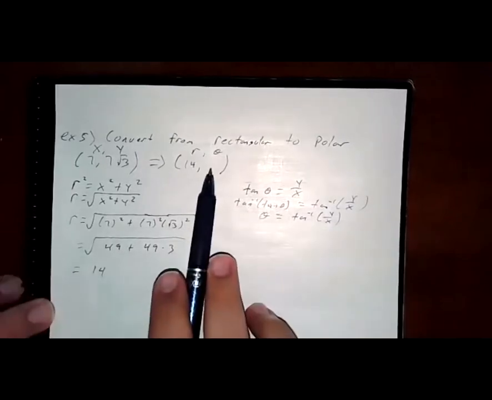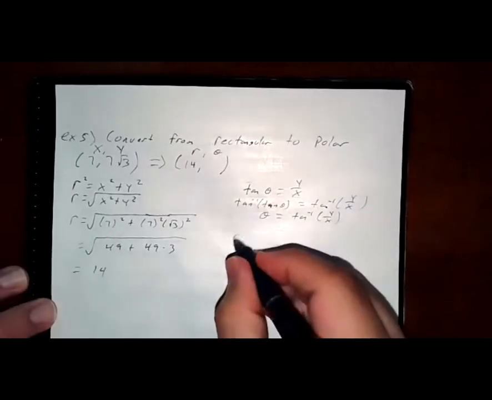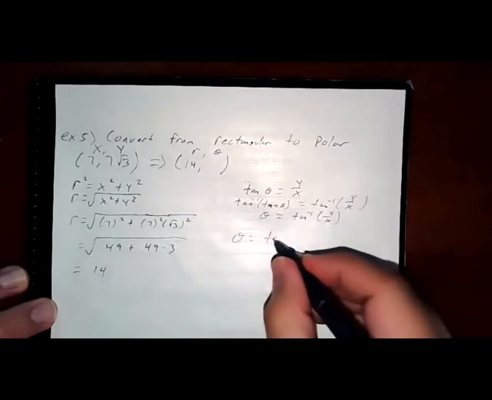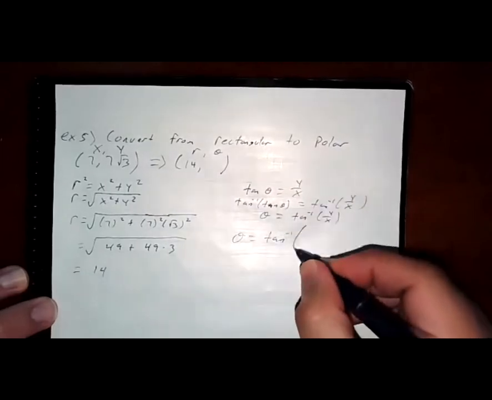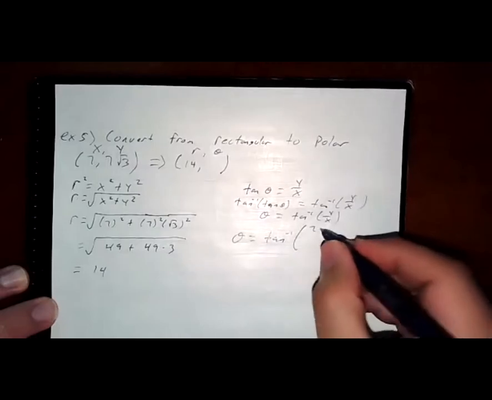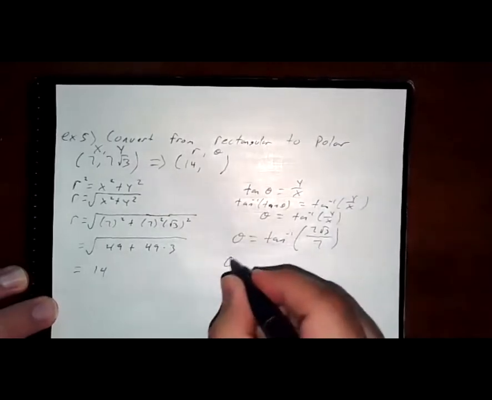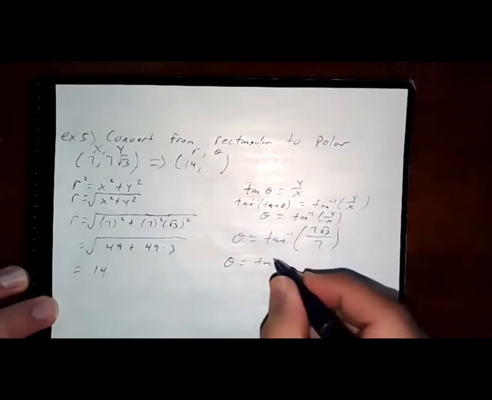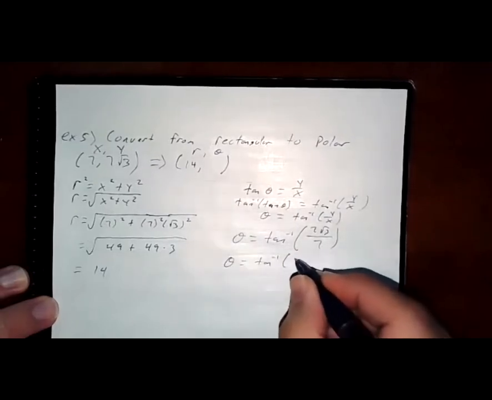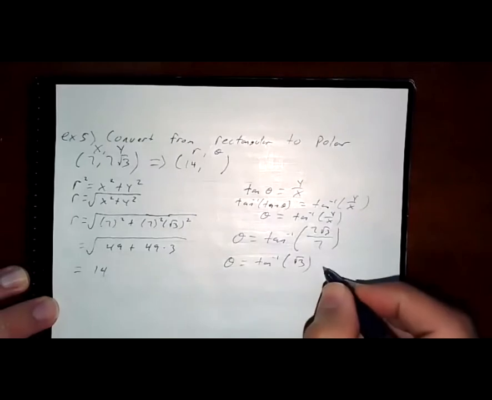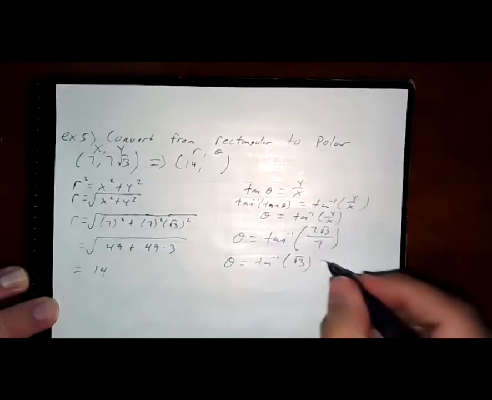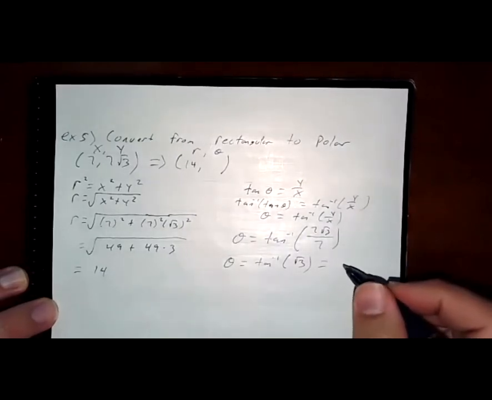Because we need theta. So plug it in. Theta would be equal to tangent inverse of 7 root 3 over 7. So theta would be tangent inverse of root 3. I believe the calculator is going to give us like 60 degrees.